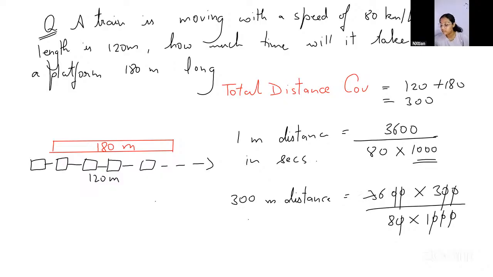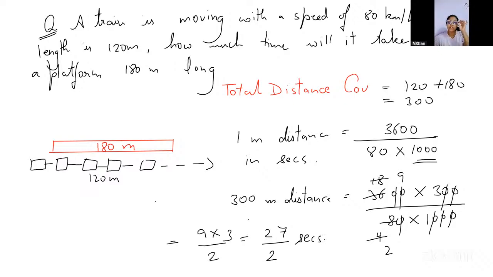We can cancel with 2. 36, how many times in 2? 18. 2s are 2, 2s are 2, 9s are 9, into 3 divided by 2. I have 9 into 3 divided by 2, which is 27 by 2. 27 by 2 seconds.